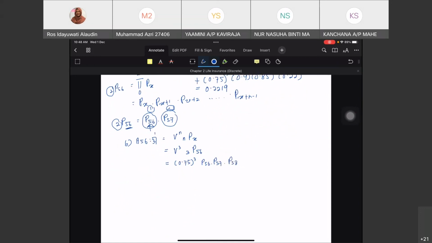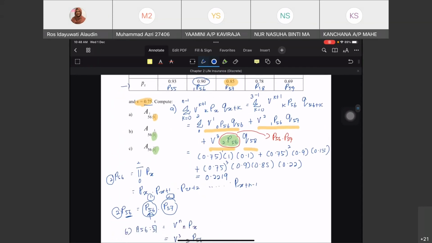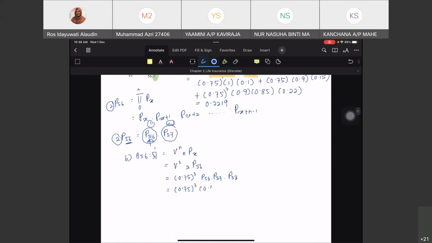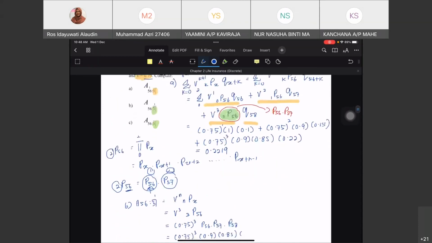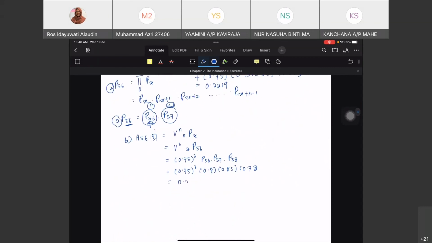You can substitute all the values, and you find 56, 57, and 58 are 0.9, 0.85 times 0.78. So the answer is 0.2517. I hope you can see how to use the discrete formula in the problem.